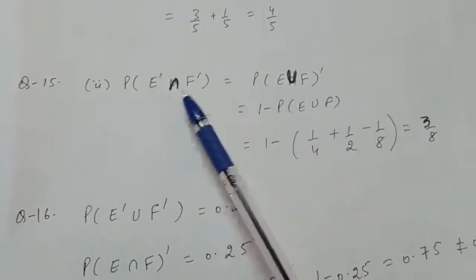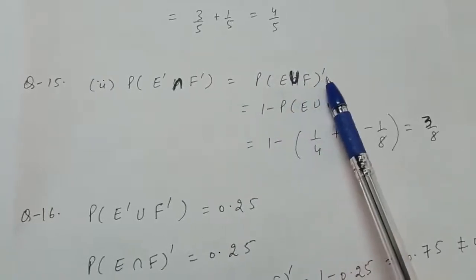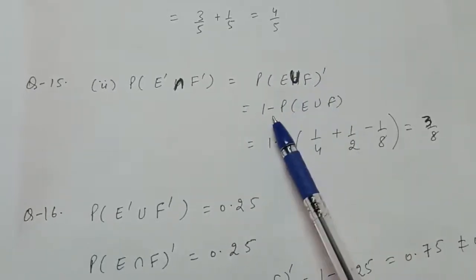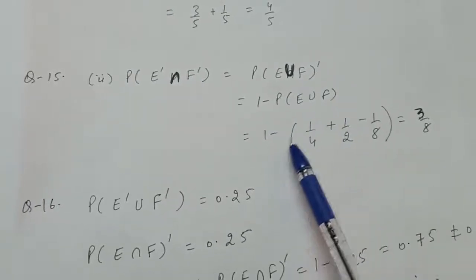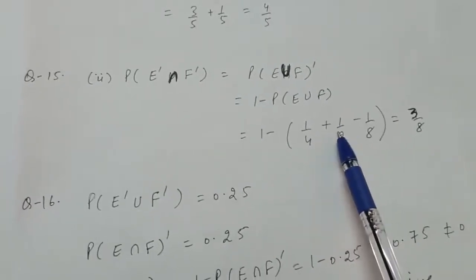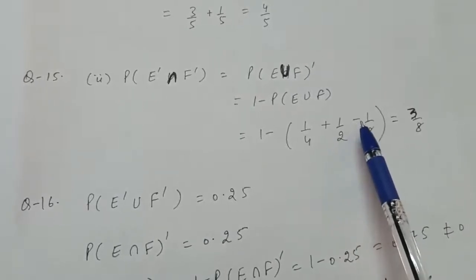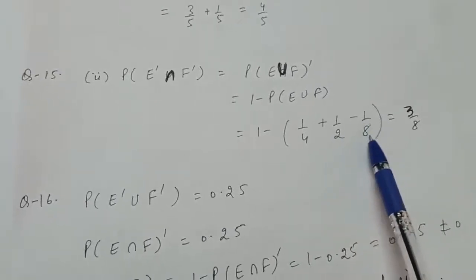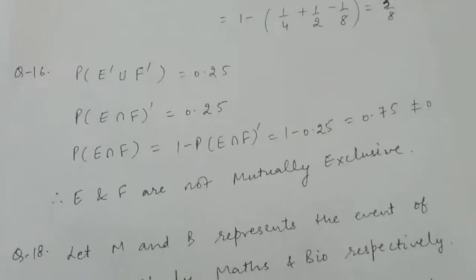So probability of this is equal to probability of E union F whole complement, which is 1 minus probability of E union F, which is 1 minus, now probability of E union F will be probability of E, which is given as 1 by 4, plus probability of F 1 by 2 minus probability of E intersection F, which is given as 1 by 8. So you'll get the answer as 3 by 8.